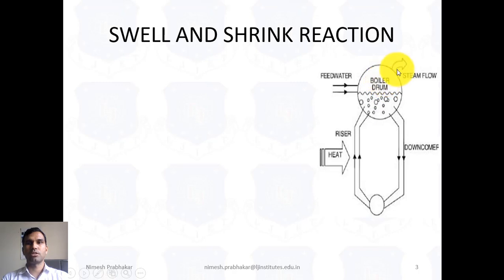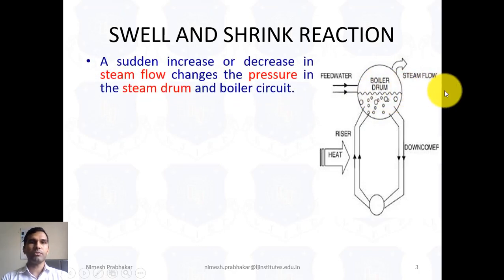So the steam outflow is represented here. This swell and shrink effect occurs in this boiler drum. How does it occur? A sudden increase or decrease in steam flow changes the pressure in the steam drum and boiler circuit.